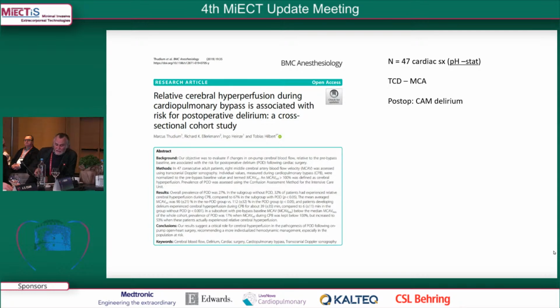So I think what we're seeing is that the integrity of the microcirculation is one of the crucial elements in either preserving or disrupting end organ function.